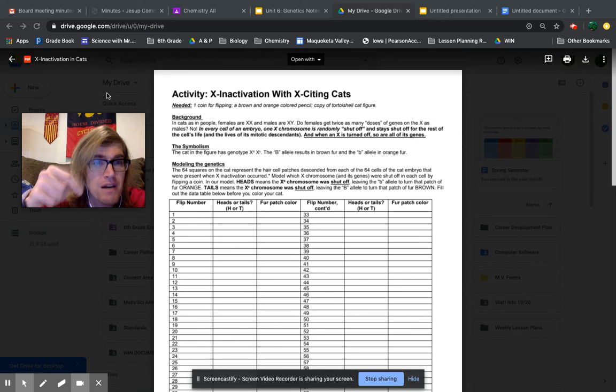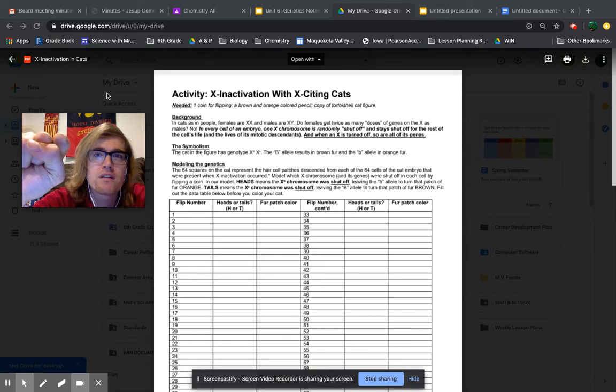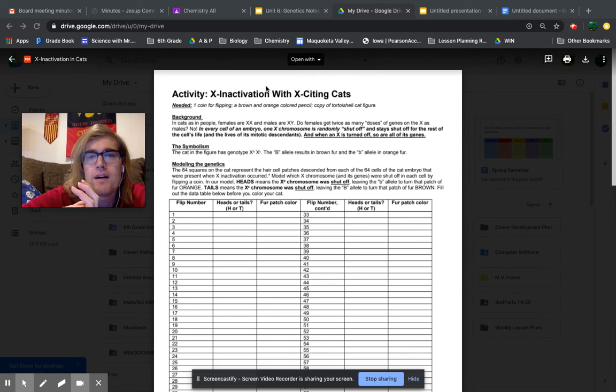Mitosis. The end result is 2 genetically identical cells. That chromosome gets shut off as a Barr body for the rest of the cell's life. When an X is turned off, so are all of its genes. Shut down a computer, and all the programs are shut off.